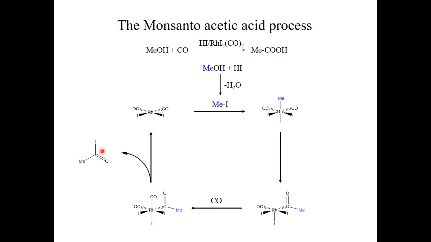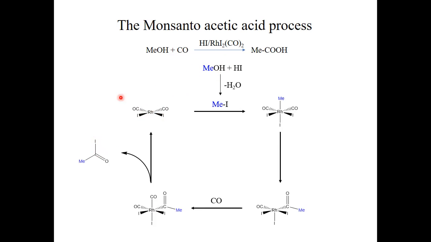Okay, so now we still do not actually have acetic acid. So what can happen next? Well, this acetyl iodide is in a reactor that also contains methanol.